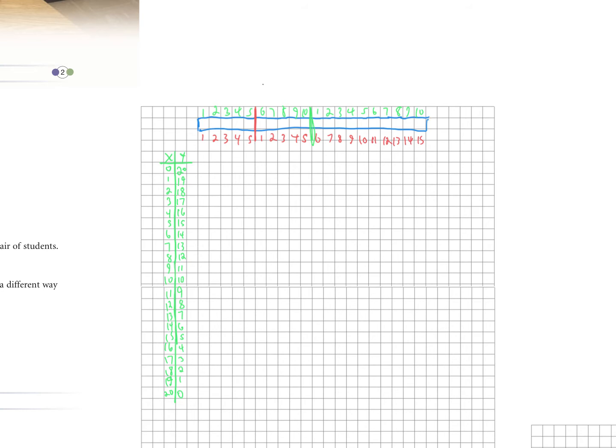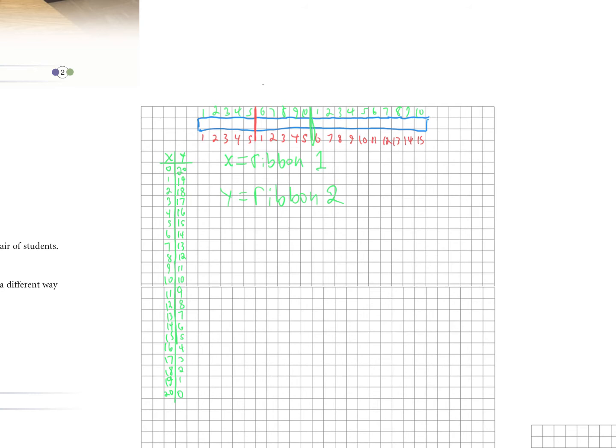So our two main variables in this case are going to be x and y, where x would equal ribbon 1, and y would be ribbon 2. So our values for x and y are going to be the length of the first ribbon and the length of the second ribbon.